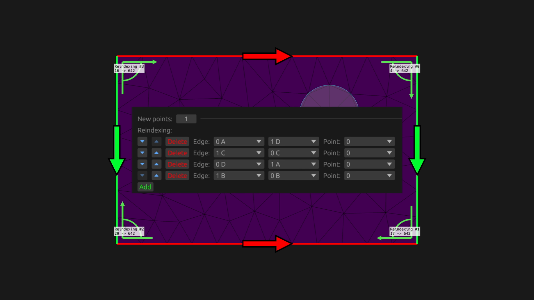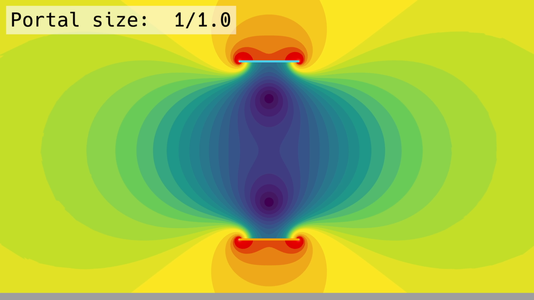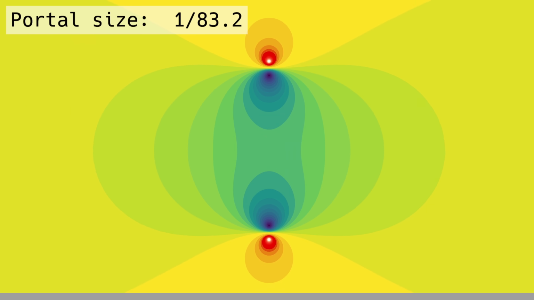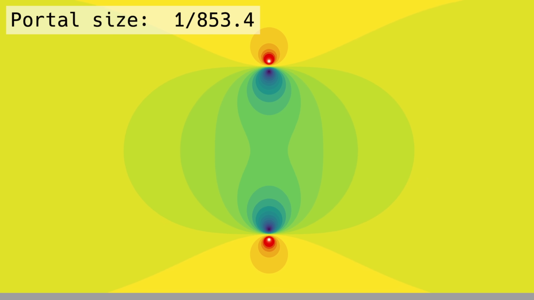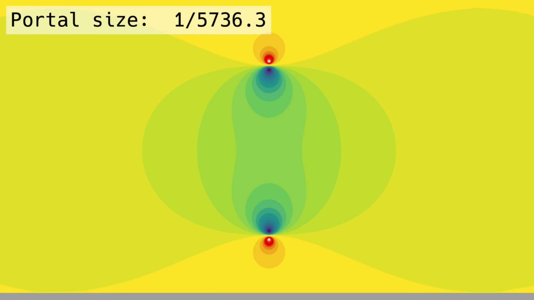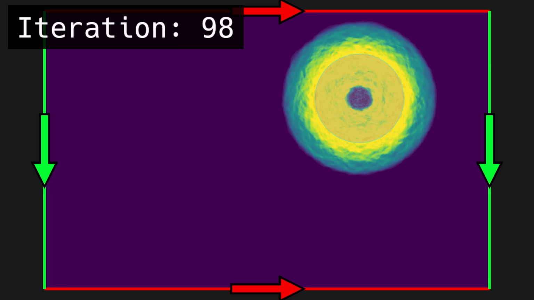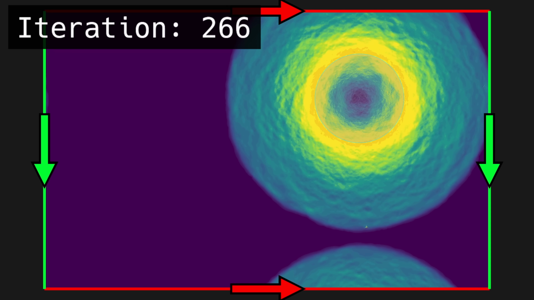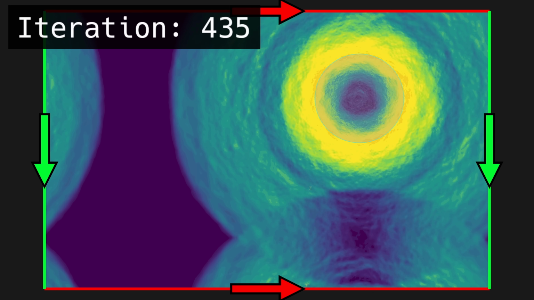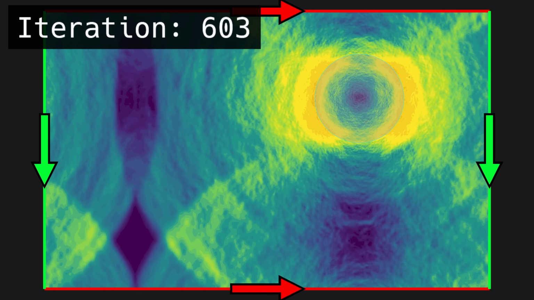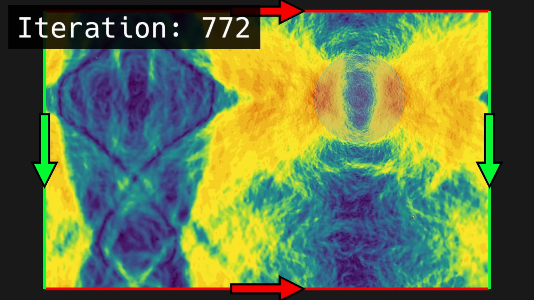I do this manually just by setting a couple of these parameters. This is very important because, as we remember from the previous video, even a very tiny portal point can create enormous gravity. So after we've done all this, we need to solve a system of linear equations. And I do that with an iterative method, so we can see what the solution looks like with each new iteration.